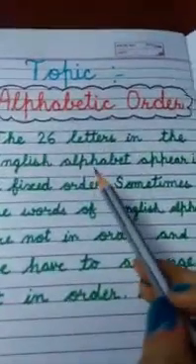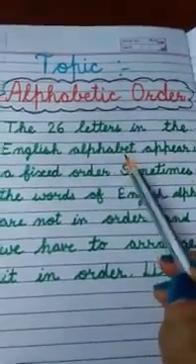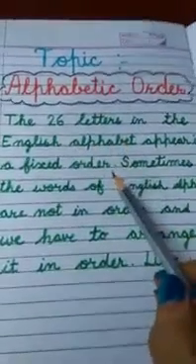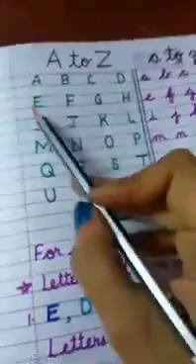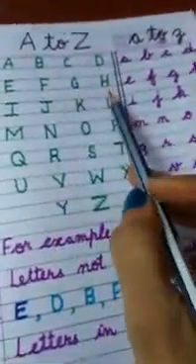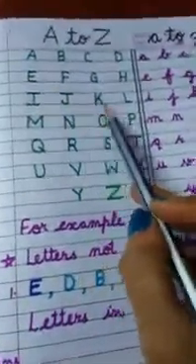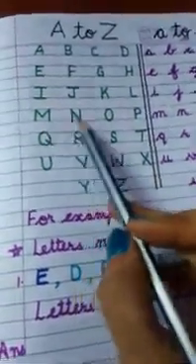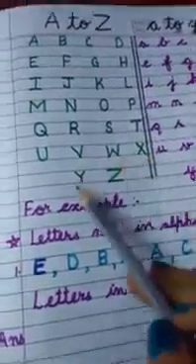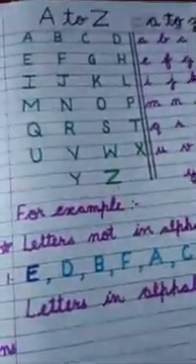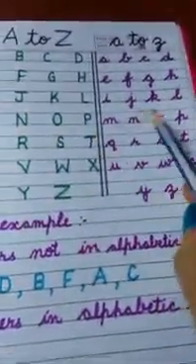Like this, there are 26 alphabets in English and they all are in a fixed order: A, B, C, D, E, F, G, H, I, J, K, L, M, N, O, P, Q, R, S, T, U, V, W, X, Y, Z. Whether in capital or small letters, they are all in their fixed order.